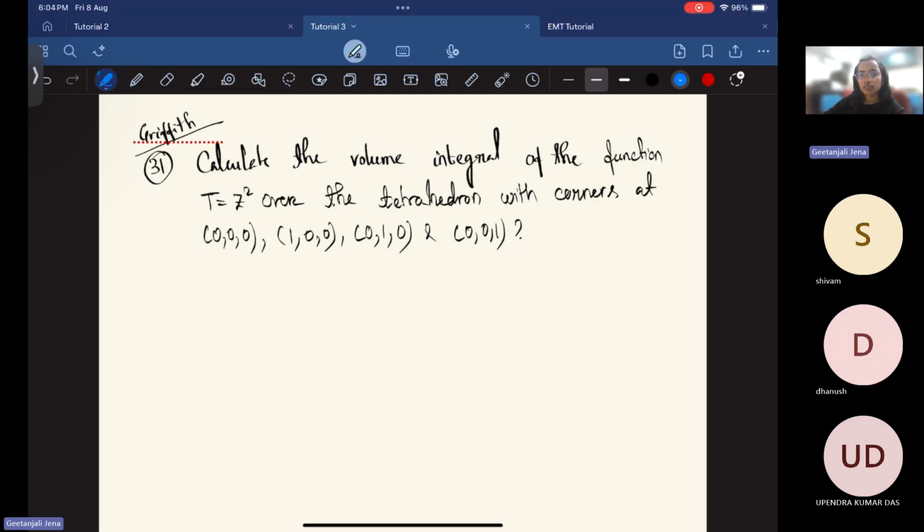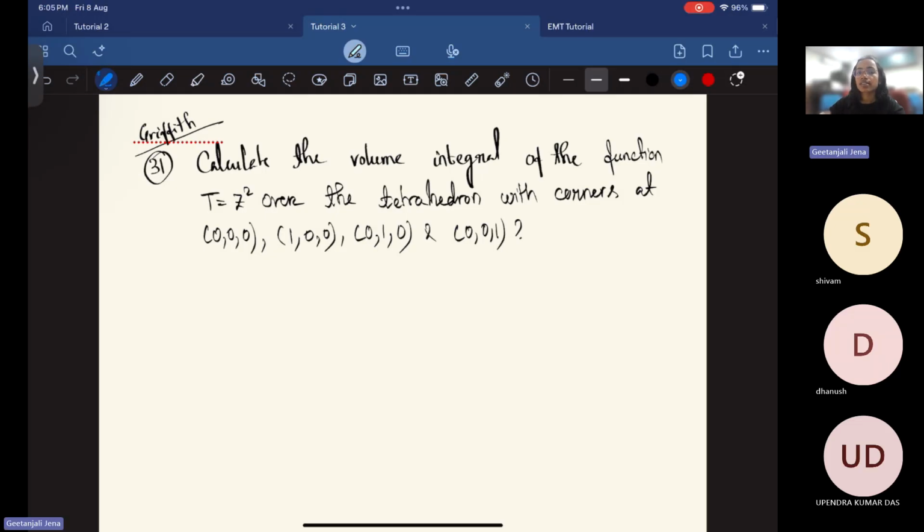In week three, we learned how to convert from one coordinate system to another. We learned about generalized coordinate systems and the general formulas to relate one coordinate system to another, like from Cartesian to cylindrical or from cylindrical to Cartesian and vice versa.